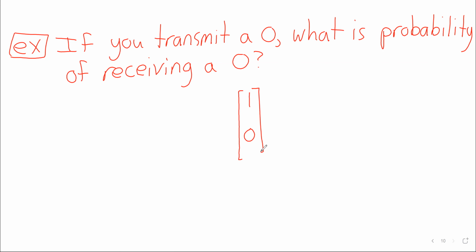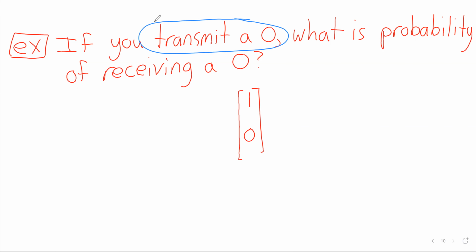It's just that you have 100% probability that you're transmitting a 0, 0% probability that you're transmitting a 1, because the problem is explicitly telling you that you are transmitting a 0.